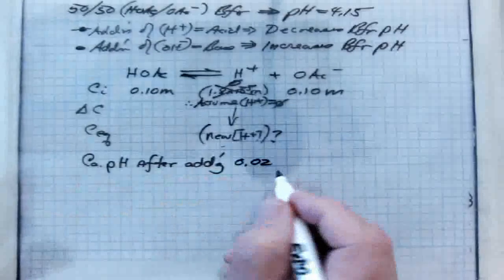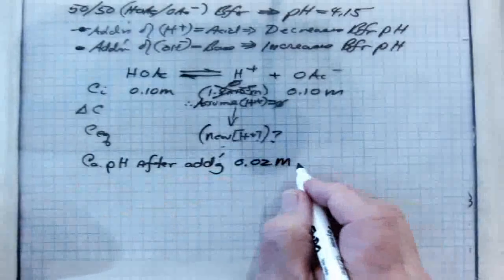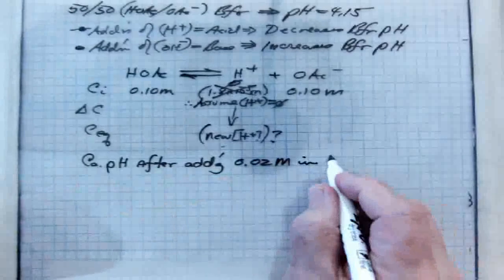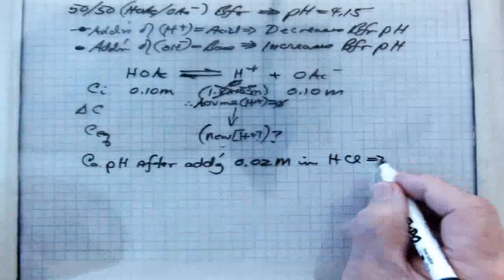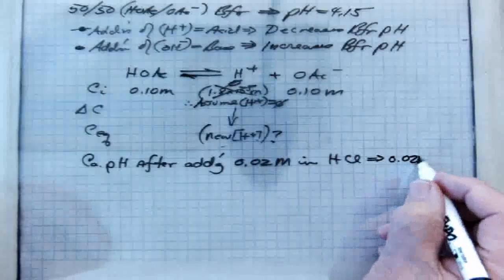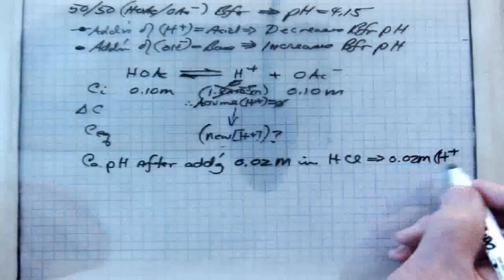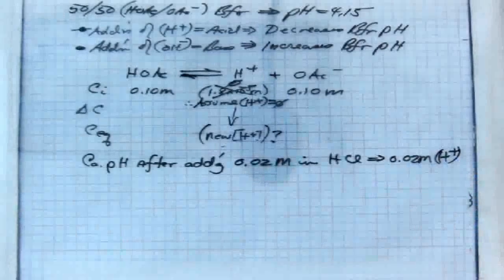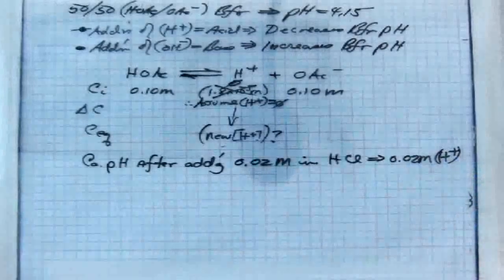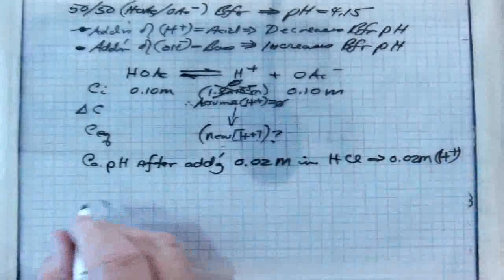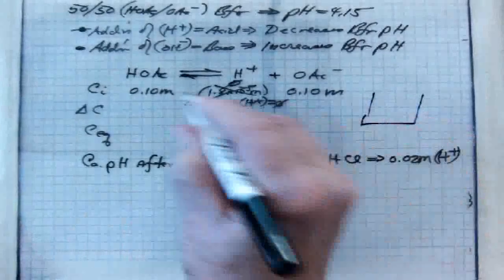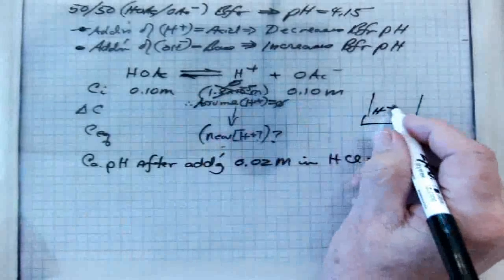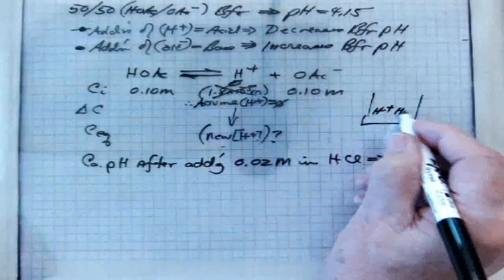The reaction now shifts away from the addition, Le Chatelier's principle, away from the extra acid, to reestablish a new equilibrium. So the reaction is going to shift left. The buffer solution shifts left and creates the new equilibrium with new HOAc and OAc- concentrations.